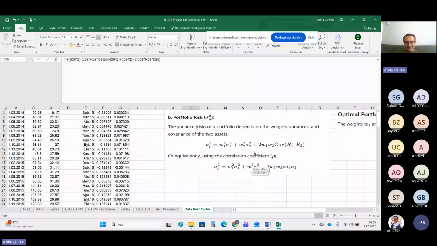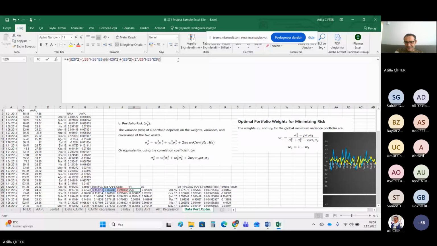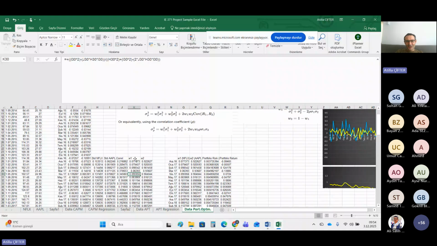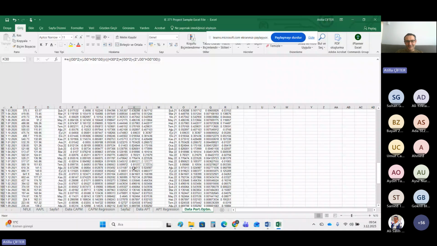This is the optimal portfolio weight formula. In each of these samples, I just use rolling window weights. So weight 1 and weight 2 are already calculated inside Excel, right?